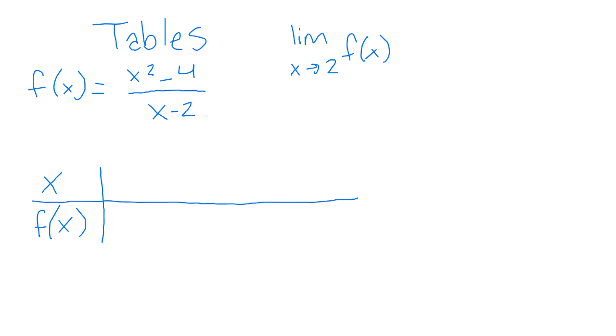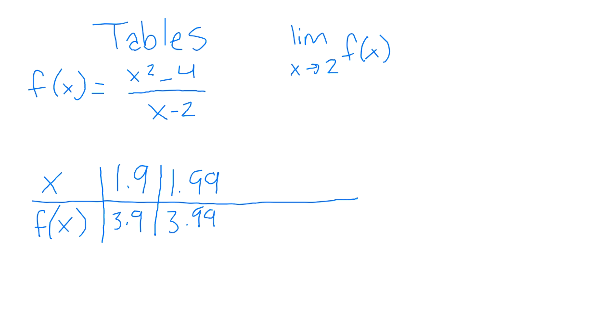Let's say we enter 1.9, and at 1.9, our f of x is 3.9. We can get a little closer and go 1.99, and there we get 3.99.